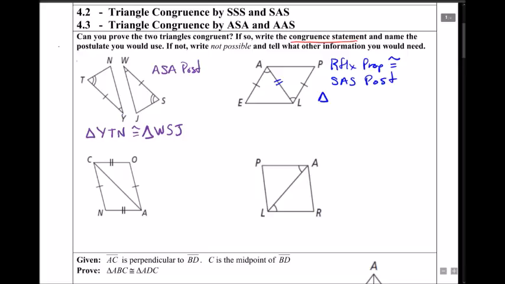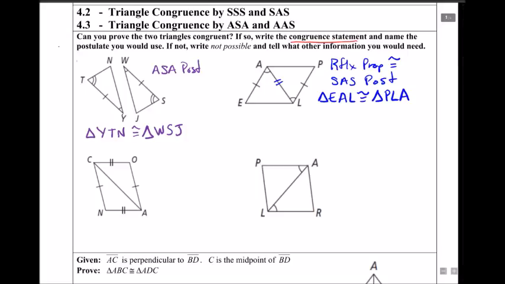Well, I think I'm going to go across side 1 to my angle and then down side 2. So that would mean I would go triangle EAL is congruent to, now I need to go side 1 to my angle to side 2. So that's triangle PLA. Yay!